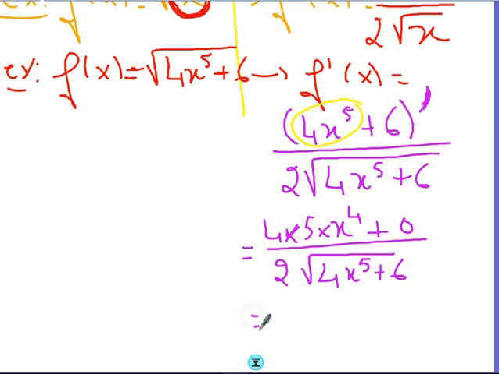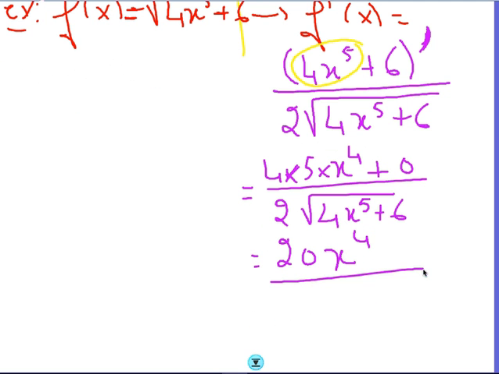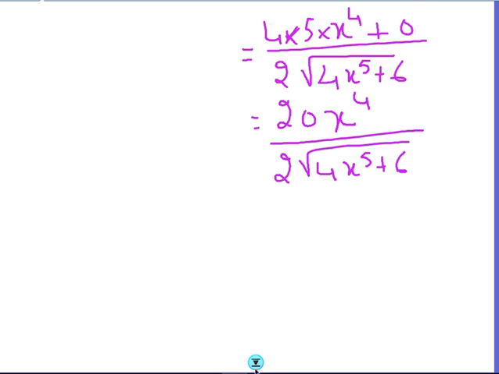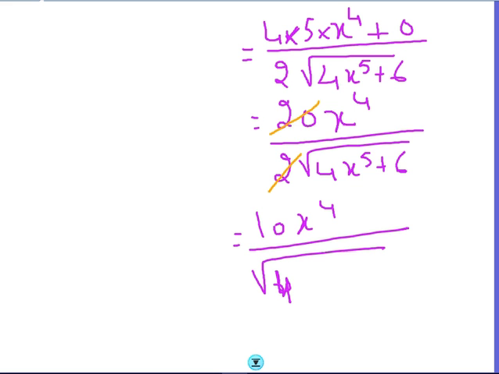So it becomes 20 x to the power 4 plus 0, so remove it, over 2 radical 4x to the power 5 plus 6. So simplify if you can. Here you have 20 over 2, so it becomes 10x to the power 4 over radical 4x to the power 5 plus 6.